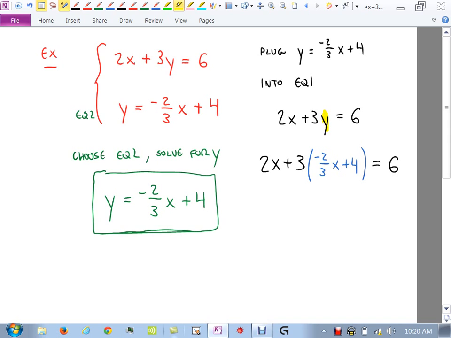Everyone okay with that? Replacing the y with that thing that we got earlier. Now distribute.